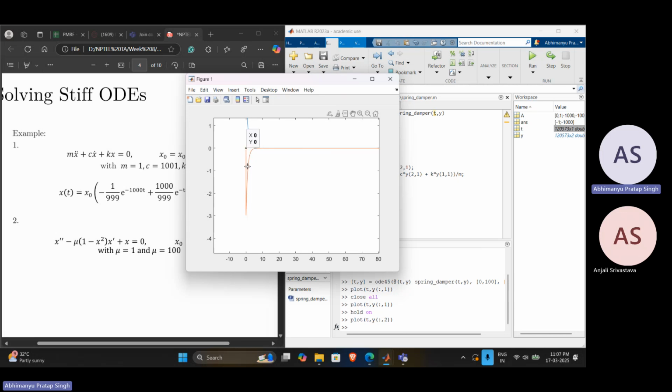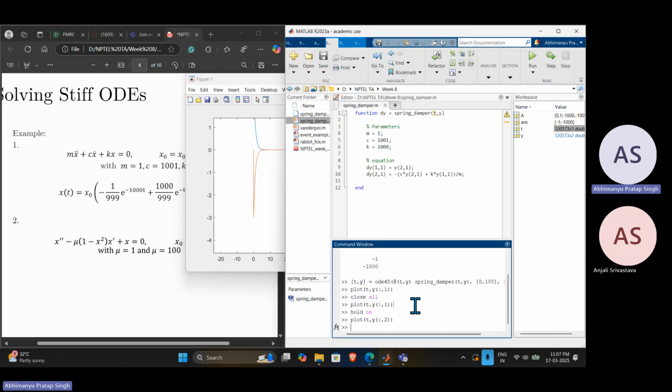So the transients over here are very large, right? Whereas this just directly goes from 0 to, like, this is how it is supposed to be, right? So that is why ODE45 is taking 120,000 time steps to do this.